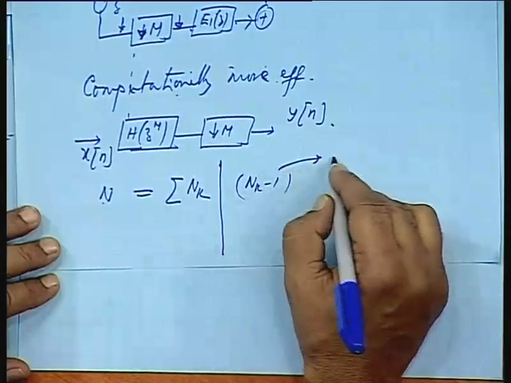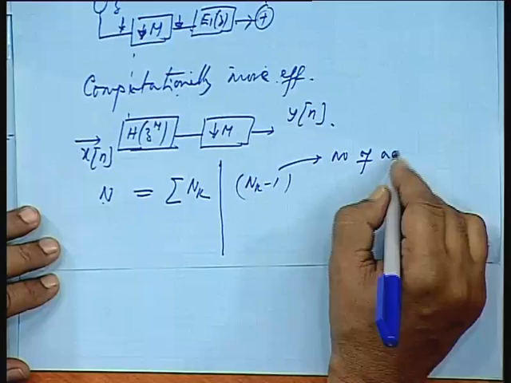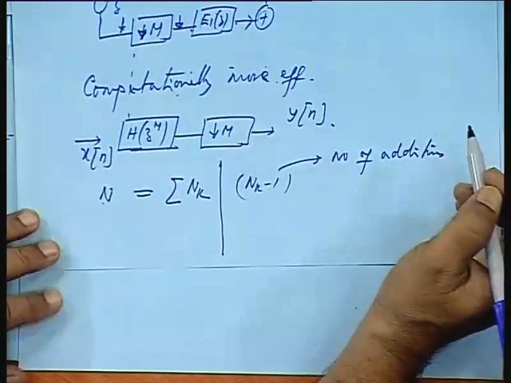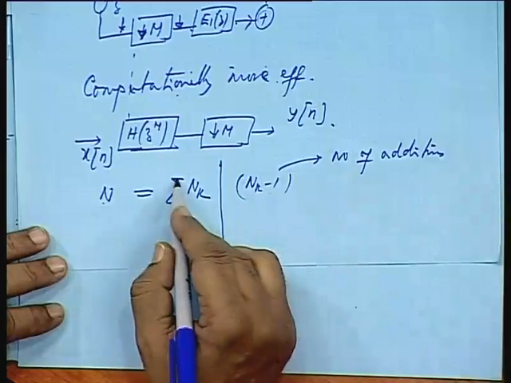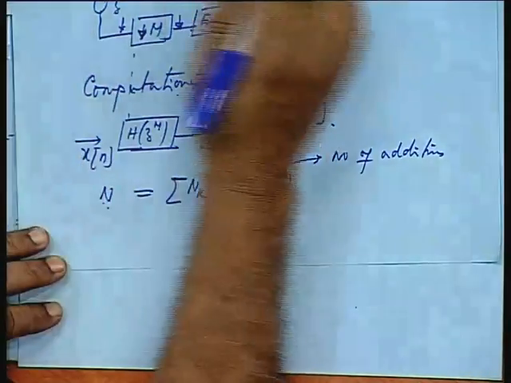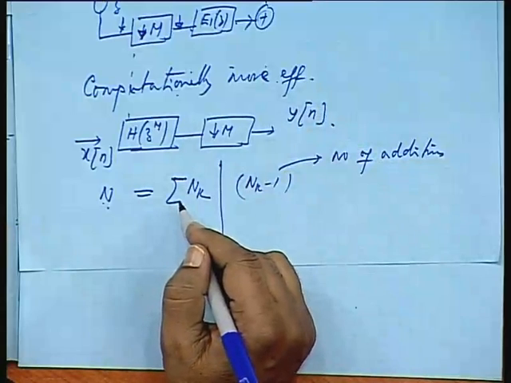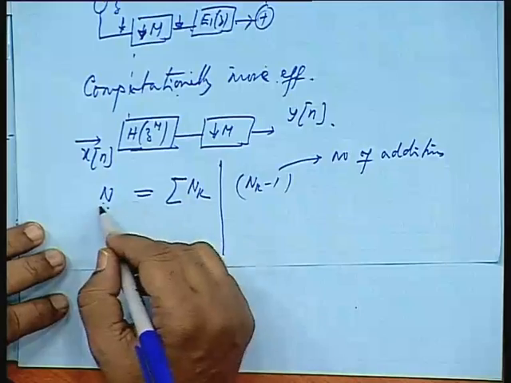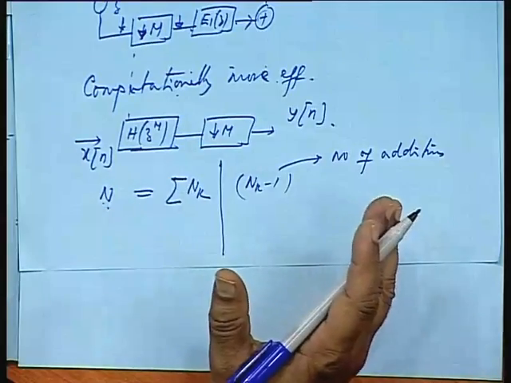These are the number of additions in each block. Number of multiplications, earlier it was totally n, and here in each section it will be nk, and sigma nk is equal to n, because number of coefficients you are not reducing. If there are 9 points, you are picking up alternately 3, every third one, and you are making 3 groups. So, number of coefficients will be same.